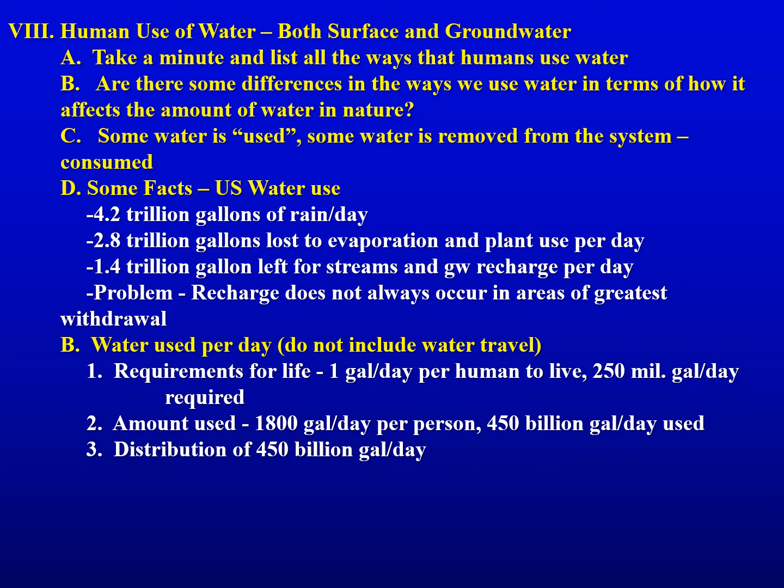Why is it so much? Where is it going? Well, as it turns out, the first two categories, industry and irrigation. Industry makes stuff that you want to buy. Irrigation makes the food you want to eat.